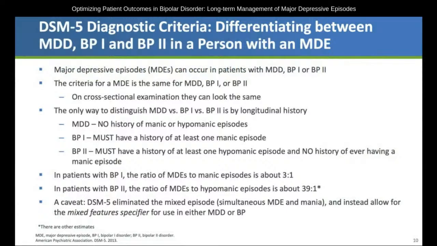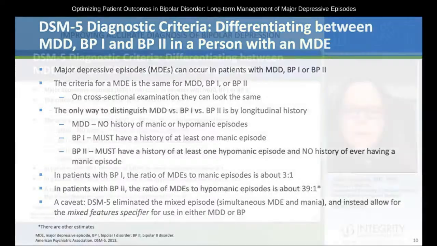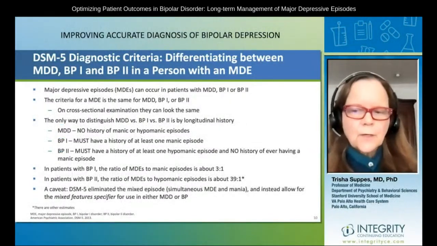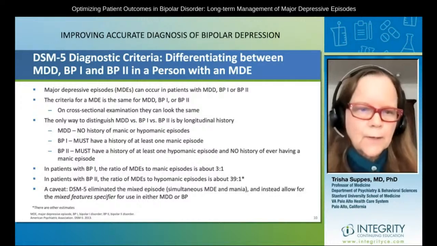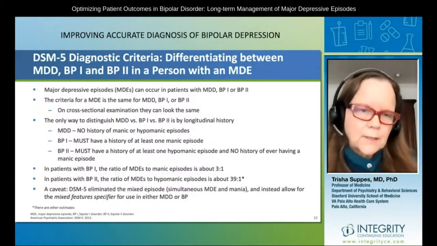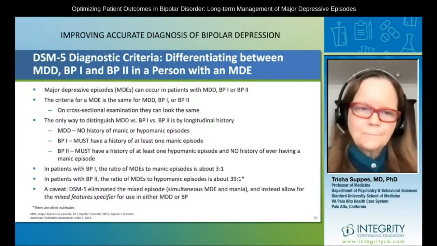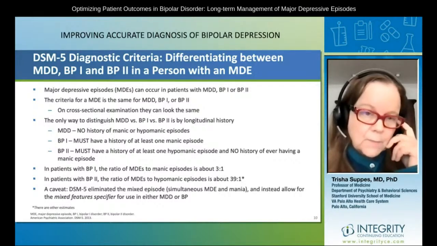So as we know, bipolar 1 lists history of at least one manic episode. Bipolar 2, they have to have depression and one hypomanic episode, but no mania. Bipolar 1, the ratio of major depressions is about 3-1. In bipolar 2, they say 39-1, but there's actually data that supports that's probably not right. That's from the Judd study in the NIMH Collaborative, where they talk to them only every 6 months, and people don't remember their hypomania.